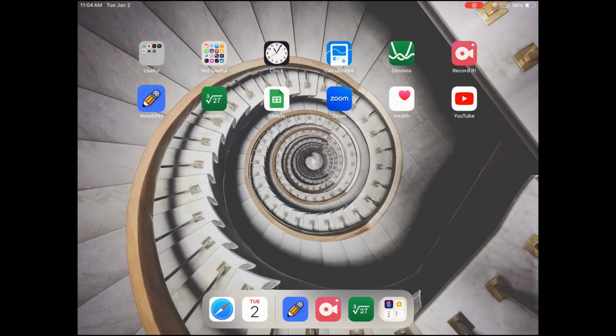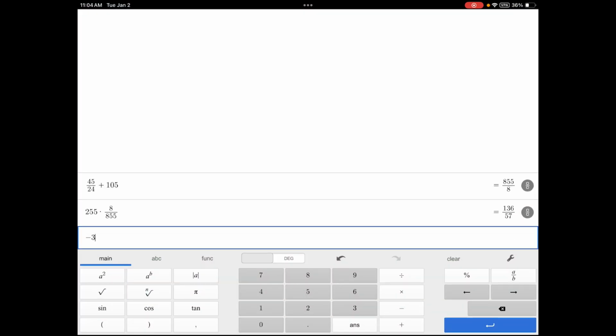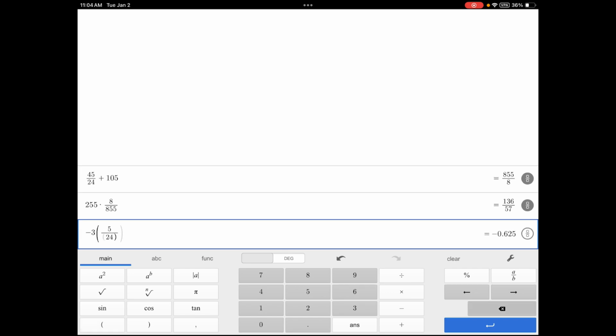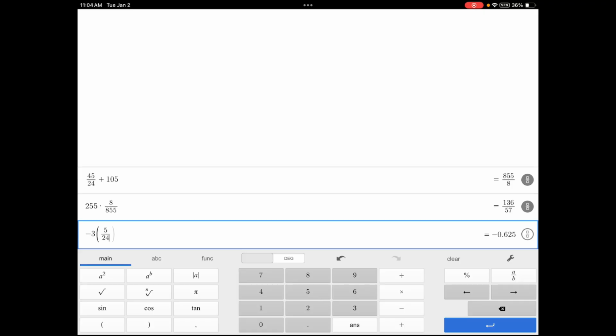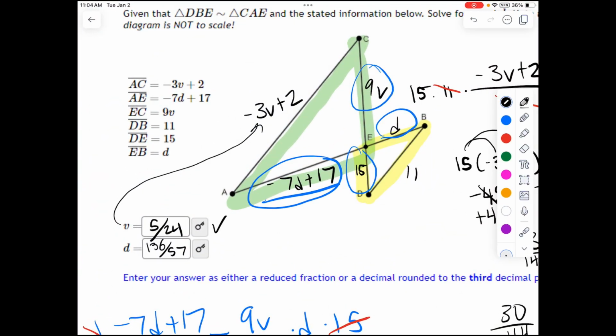Okay, negative 3v plus 2. So we have negative 3 times our 5/24 plus 2. If you do that, you get 1.375, that's a positive number, so your solution for v totally works.